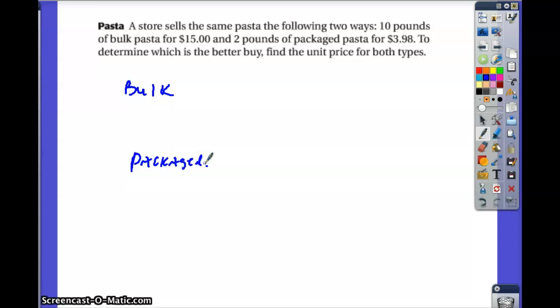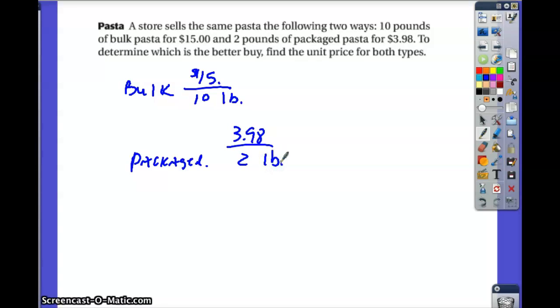Okay, the bulk pasta again is 10 pounds. So we want to know how much per pound, so it's going to be $15 over 10 pounds. And the packaged is $3.98 for 2 pounds.